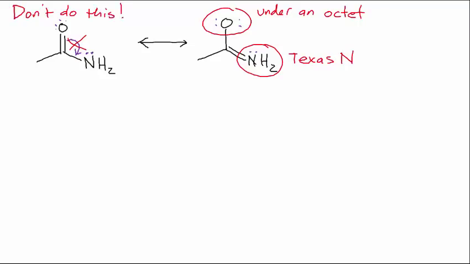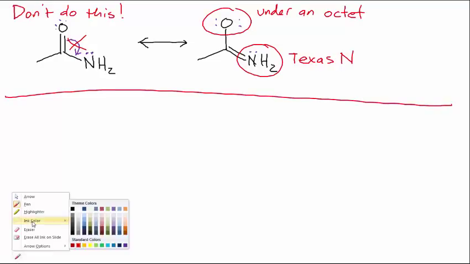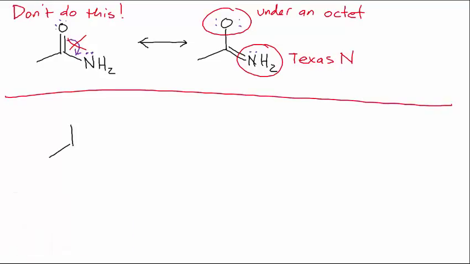All right. So what should you do instead? What you want to do is recognize, well, nitrogen here is the one that has the extra pair of electrons that it should be willing to share. And I've seen some people just draw the arrow from the nitrogen, but the N itself isn't a pair of electrons.